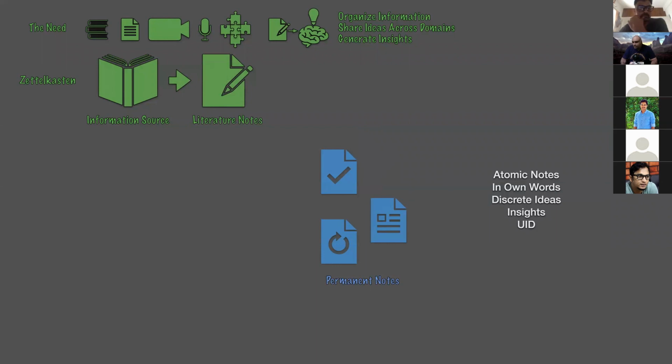So what do we do in a permanent note? You have all the cool things that you read in a book in a literature note. When you have time, you go to the literature note, and you figure out what are all the discrete ideas that you want to take out from the book. I am saying book as an example. It can be a YouTube video, a podcast, anything else. Maybe it's a conversation you're having with someone. Now, these discrete ideas map to one note each.